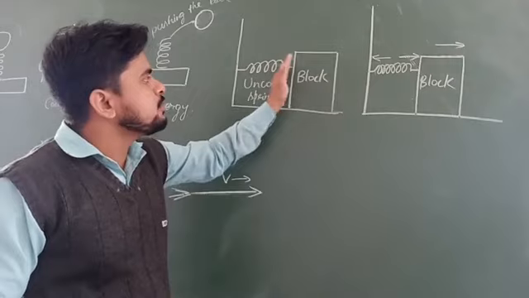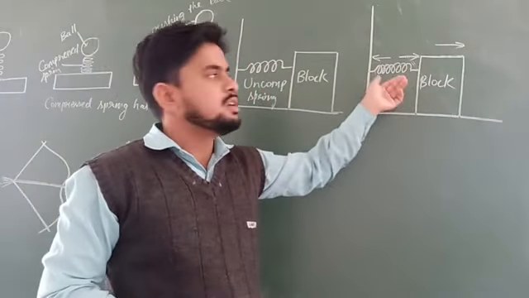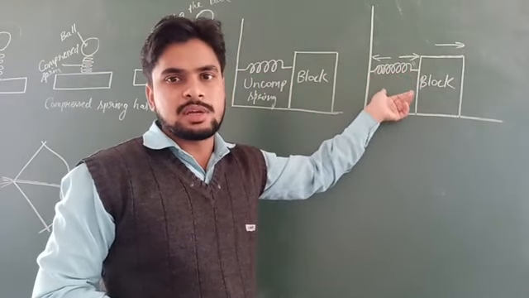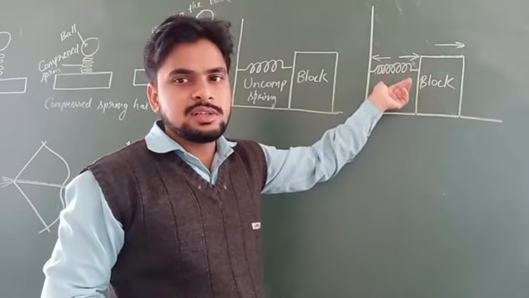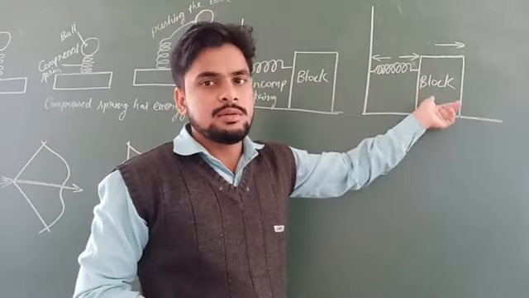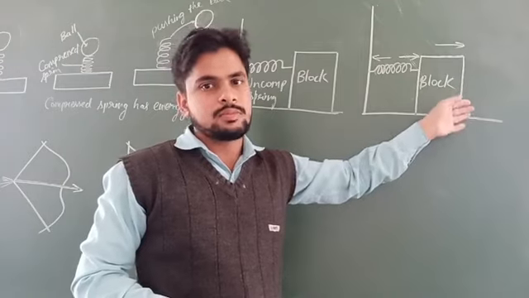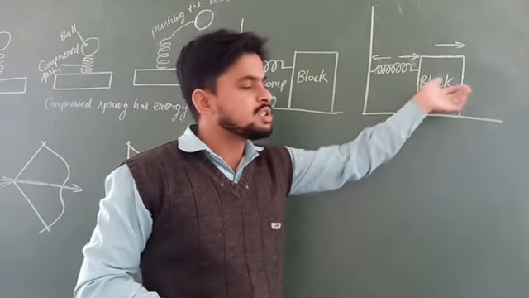But what happens if we compress this spring? So here in this situation you can see that we have compressed the spring. Due to compression, it got some energy and it pushes the block in forward direction. Okay. Why does it push the block?